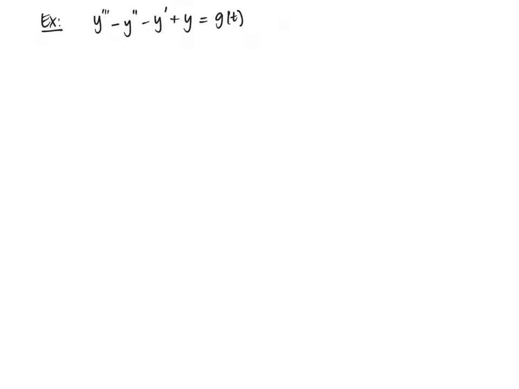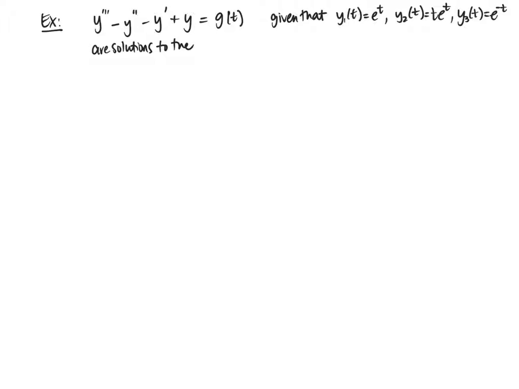And I'm going to assume that I'm given that y1 of t, which is e to the t, y2 of t, which is t e to the t, and y3 of t, which is e to the negative t, are solutions to the corresponding homogeneous differential equation.